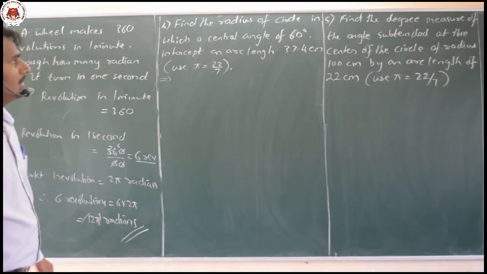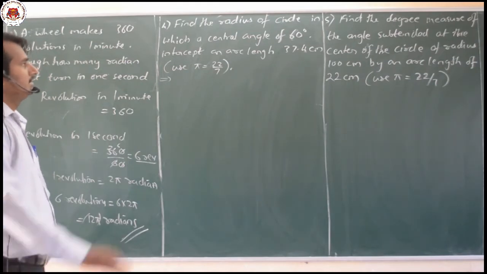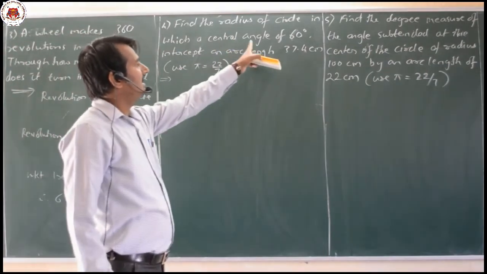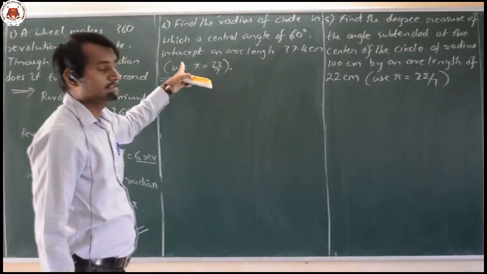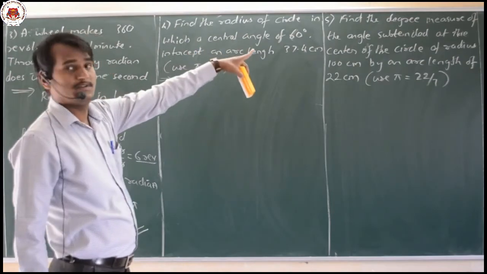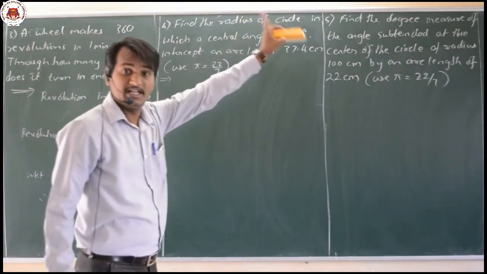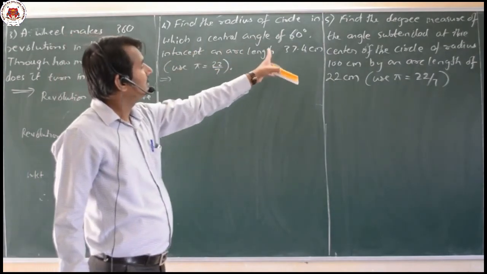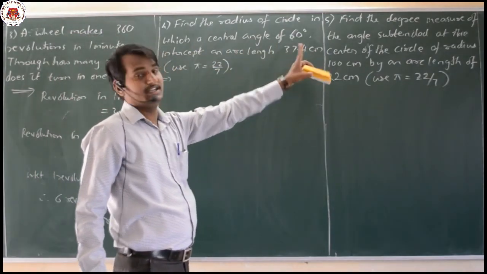Now in the second question, what is given: find the radius of the circle in which a central angle of 60 degrees, theta given in terms of degrees, intercepts an arc length of 37.4 centimeters.